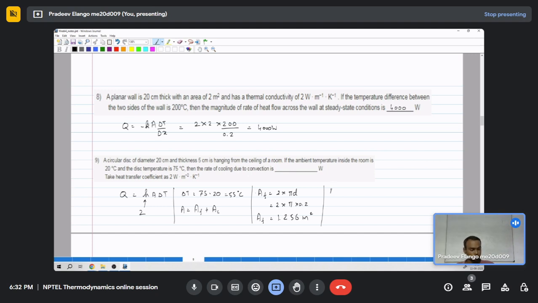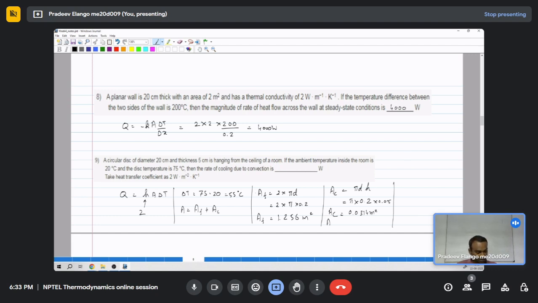Similarly, curved surface area is pi d into height or the thickness. So now pi is pi, and then diameter is 0.2, thickness is 0.05. So we have 0.0314 meter square. So curved surface area is almost negligible when compared to the flat surface area.